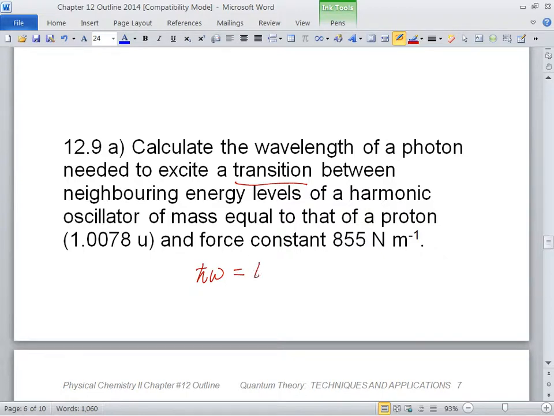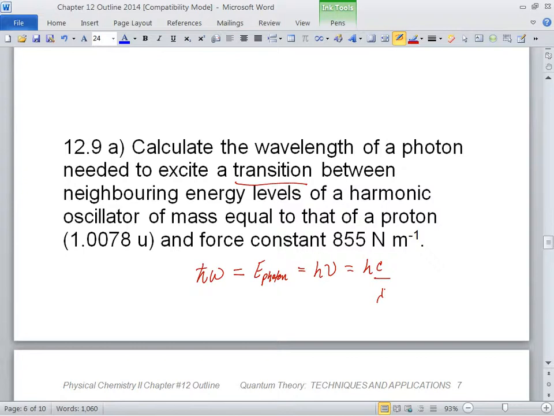Okay, energy of a photon. And that energy of a photon is really equal to what? h nu, okay, which is equal to hc over lambda. There it all is. You got it all. And then for the omega, substitute in what? Square root of k over m.